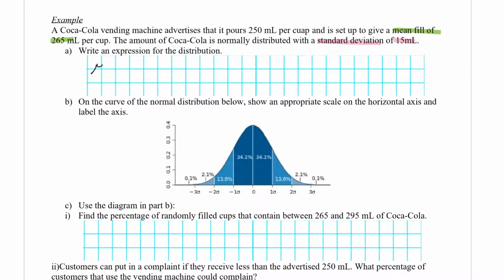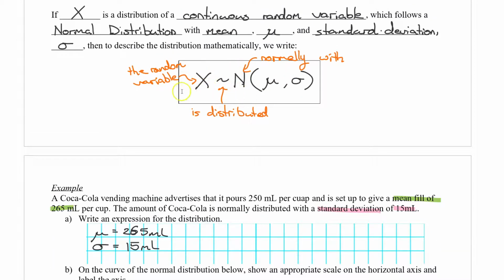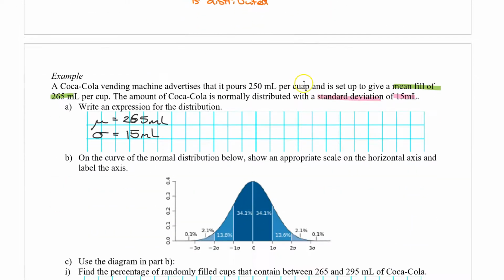So mean fill, so that's 265 milliliters, and standard deviation sigma is equal to 15 milliliters. So it's asking write an expression for the distribution. Well, if we use what we've just had a look at here, the random variable x is distributed normally with mean and sigma, or mean and standard deviation, then we can simply rewrite it like that.